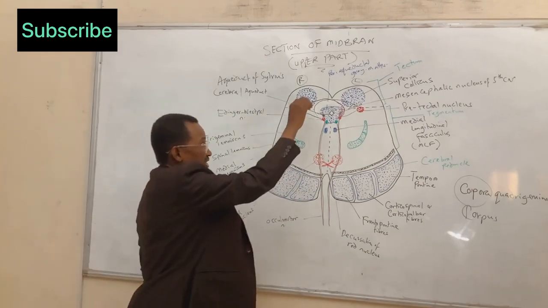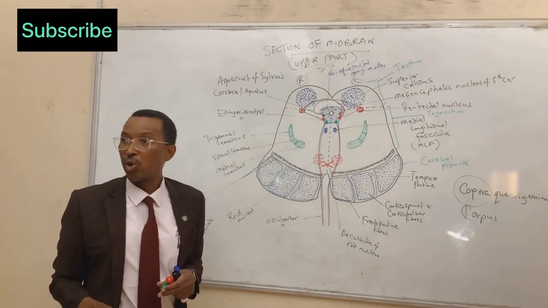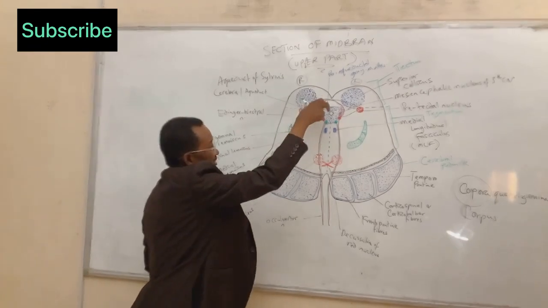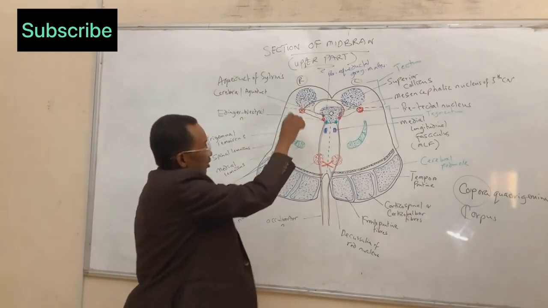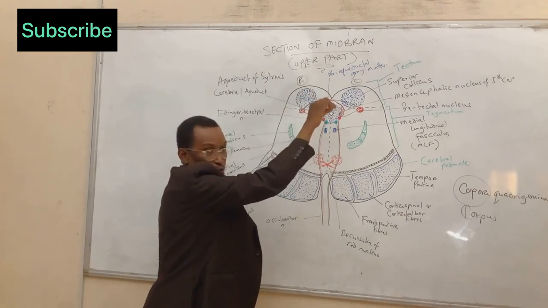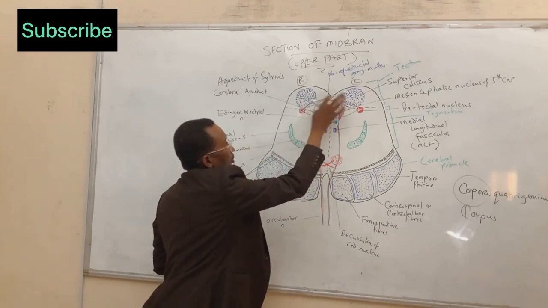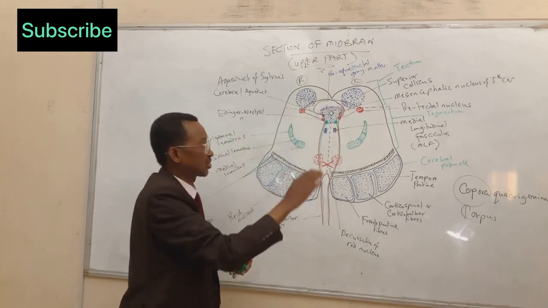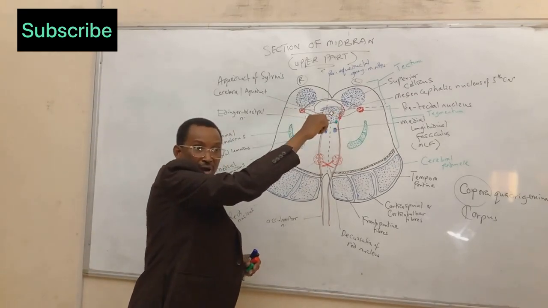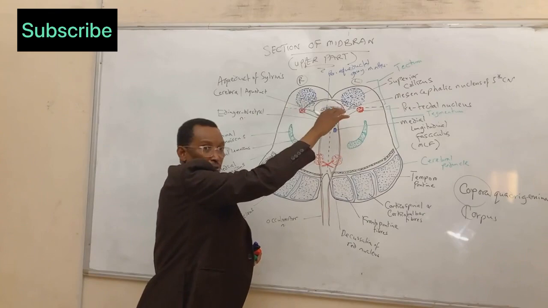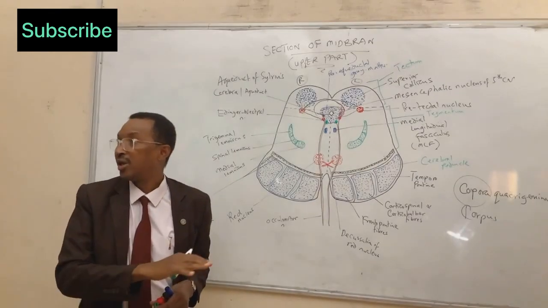That means this tectal area of the midbrain contains the superior colliculi. And the same section, if you do it at the level of the inferior colliculi, is also going to have the same tectum like this one. The only difference is that at the level of the inferior colliculi, you have the inferior colliculi nuclei. Are you clear? So a section of the midbrain at either level contains this tectum. The only difference is that at the superior colliculi, you have the superior colliculi nuclei, and at the level of the inferior section, you have the inferior colliculi nuclei.